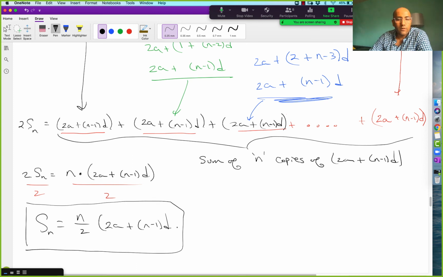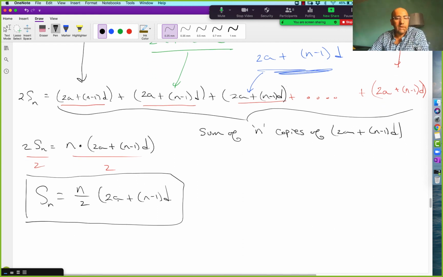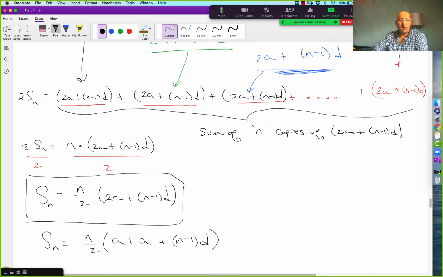Or the other thing we could do is expand this out a little bit and say that we can rewrite it as S sub n is equal to n over 2. And then I'm going to rewrite this as a plus n minus 1d, since 2a can just be written as a plus a. Okay.